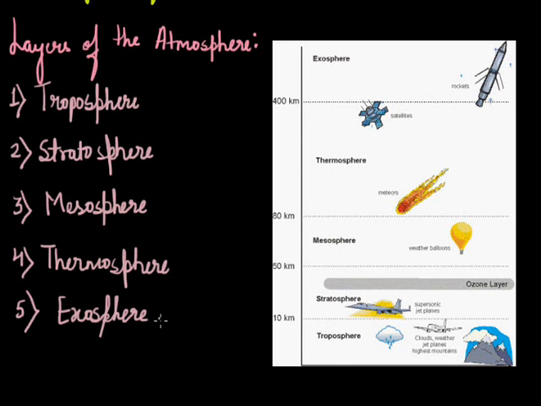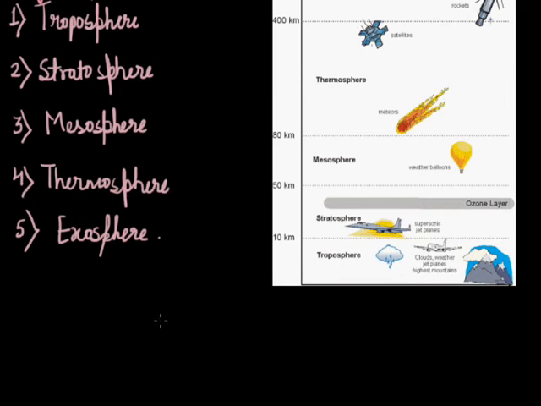Although we do mention another layer beyond exosphere that is called magnetosphere, we'll come to that when we study exosphere. So we divide the atmosphere into 5 layers, and these layers consist of different features and different properties.